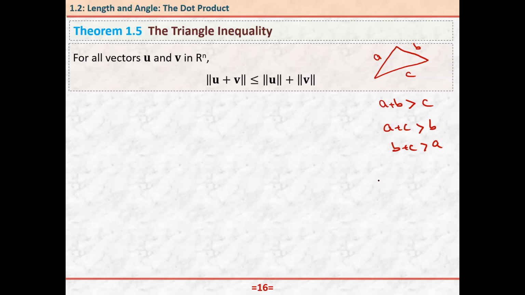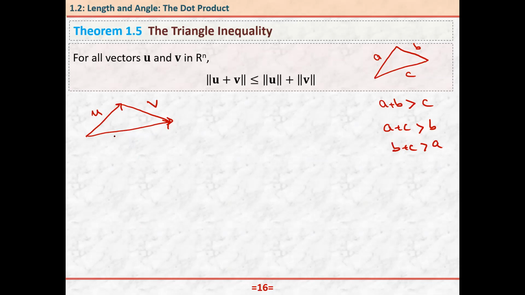All right. How about here? If you are given 3 vectors, we can form a triangle, right? Let's say vector U and vector V. By vector addition, U plus V is the displacement.